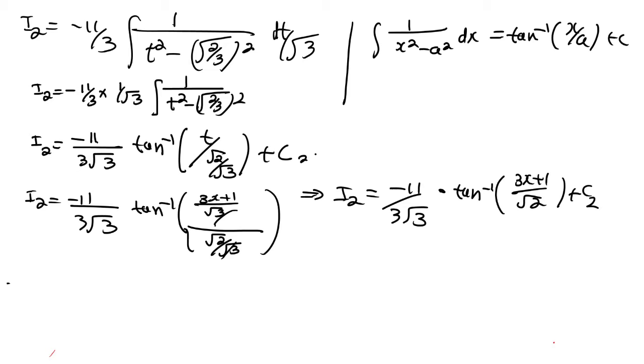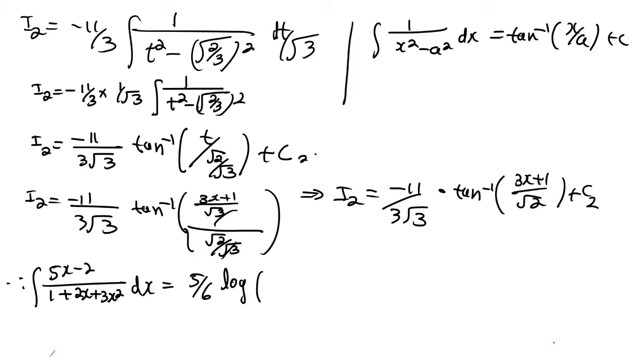Therefore now, combine I1 and I2. Integration of (5x minus 2) divided by (1 plus 2x plus 3x square) dx is equal to I1 plus I2. I1 value is 5 by 6 into log of 3x square plus 2x plus 1, plus I2 value.